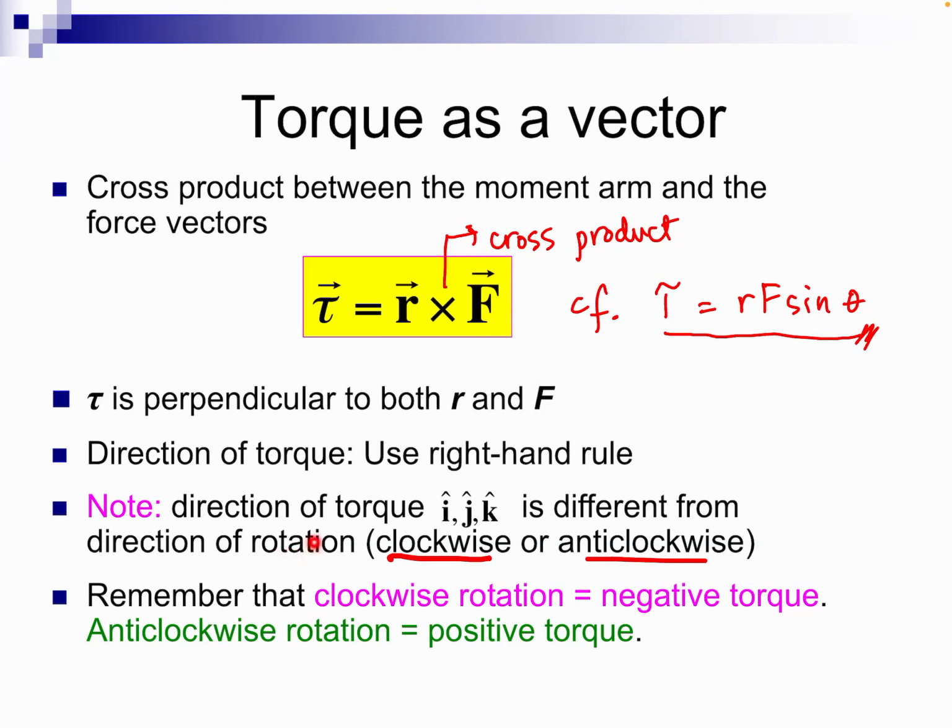But the direction of torque is different from the direction of rotation. So we just assign clockwise rotation to be negative torque and anti-clockwise rotation to be positive torque. But the actual direction of the torque will come from the right-hand rule between the R and F vectors.